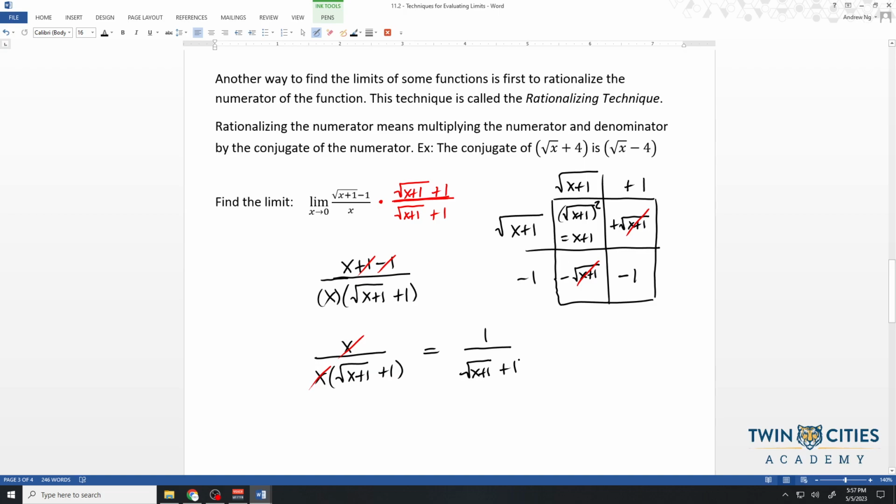Now I'm ready to take my limit. Go ahead and plug in 0 for x. So if I do that, this will be the limit as x approaches 0 of 1 over the square root of x plus 1 plus 1, which is equal to 1 over the square root of 0 plus 1 plus 1.